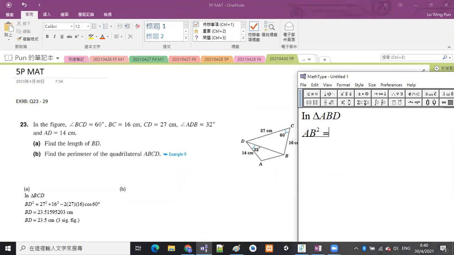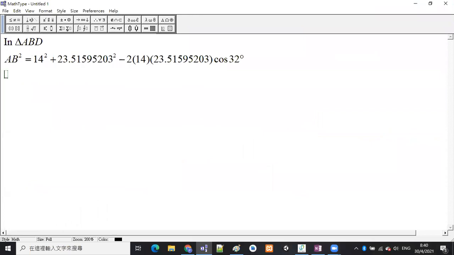So AB squared is equal to 14 squared plus BD squared, that should be 23.51595203 squared, minus 2 times 14 times 23 point this number, and then times cosine 32 degrees. Okay, like this. And then you just use the calculator and don't forget to take square root.